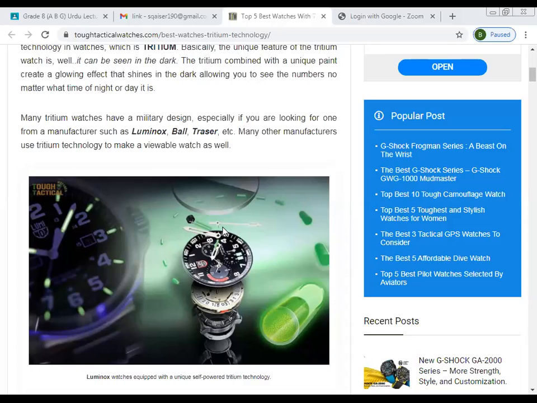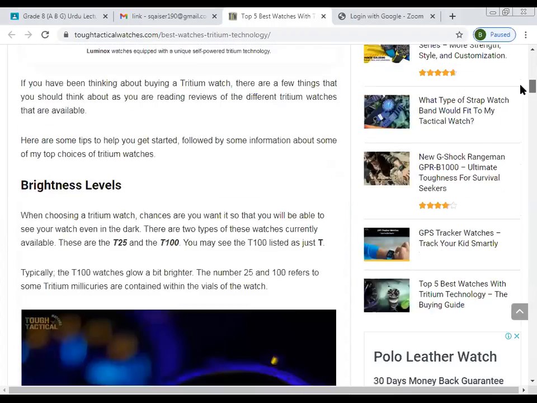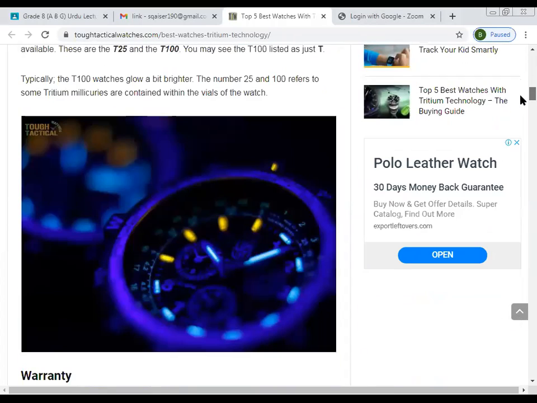This is called the tritium technology. It is used for different purposes, but most commonly because it is a self-powered technology, in so many different high-end watches. Here you can see, you must have seen such watches people wear, and they glow at night.